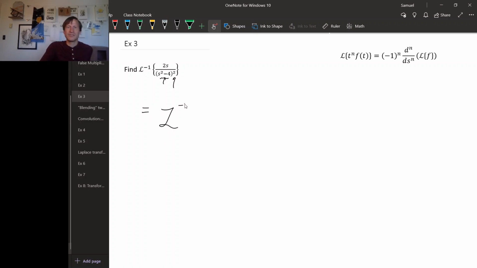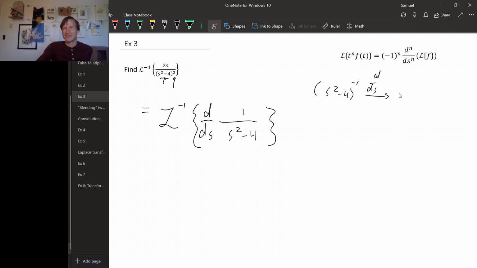So we need to take the inverse Laplace transform of, so this whole thing is the derivative of 1 over s squared minus 4. So let me just double check that really quickly. If I compute the derivative of s squared minus 4 to the minus first power, it's going to be minus s squared minus 4 to the minus second power.